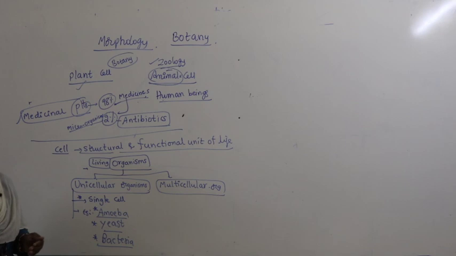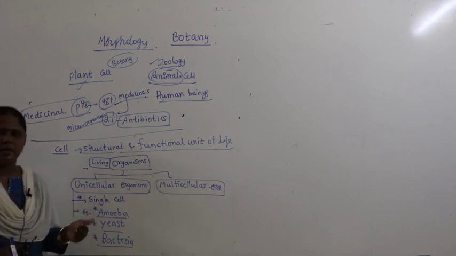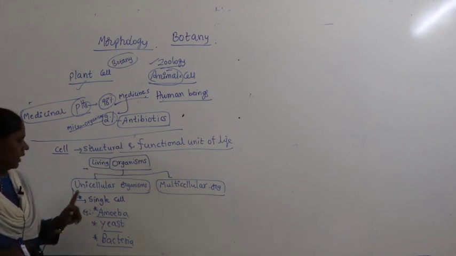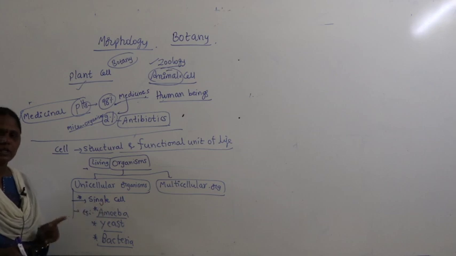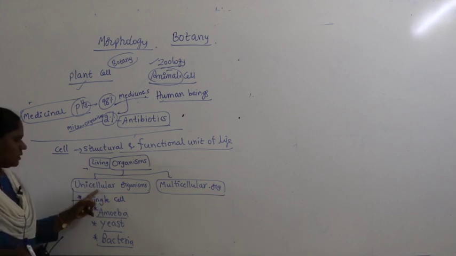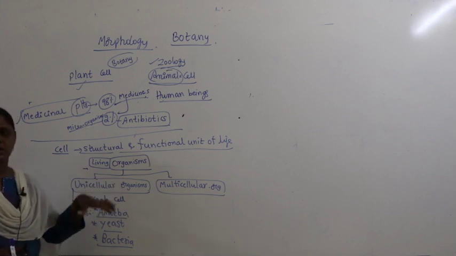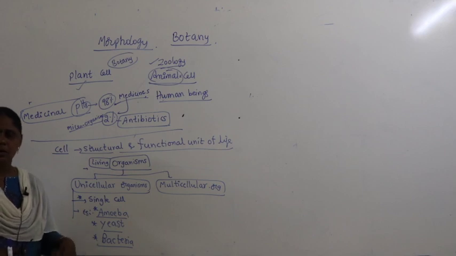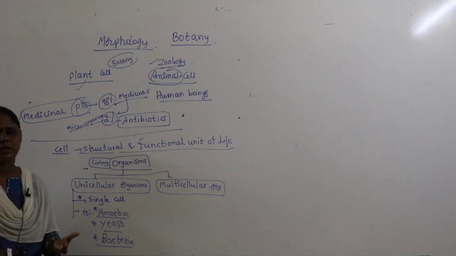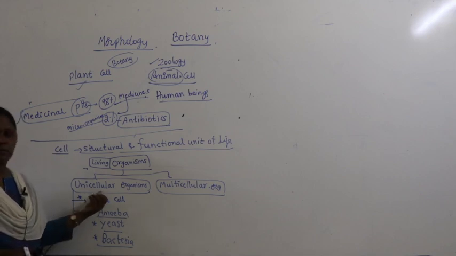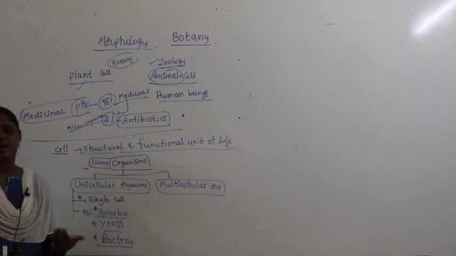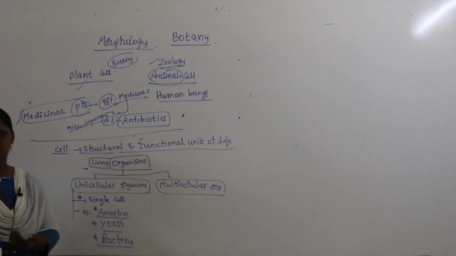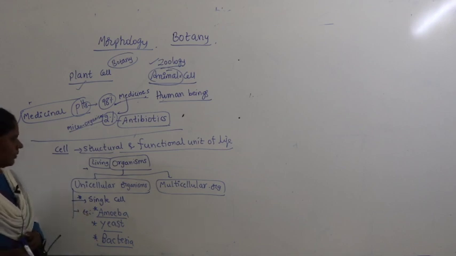So our life evolved with a single cell. And these unicellular organisms used to colonize in the environment. Colonize means they make different colonies, they group together and survive in the very early days of the formation of life on earth.